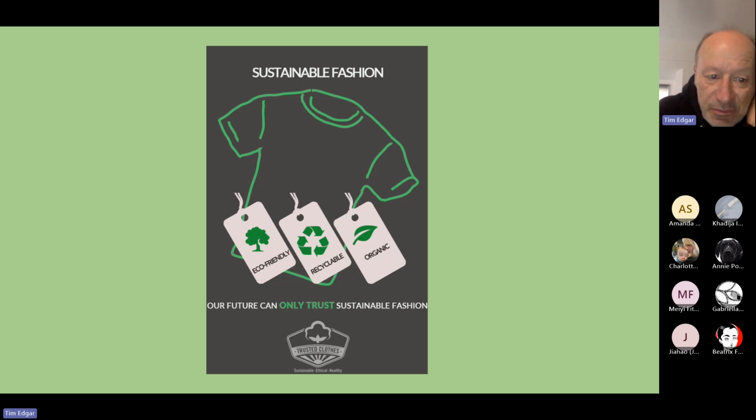And we can see on this poster here: sustainable, ethical, healthy, trusted clothes, the green tree, the recycled arrows, the leaf. So another really good poster which states our position and our interests quite clearly.